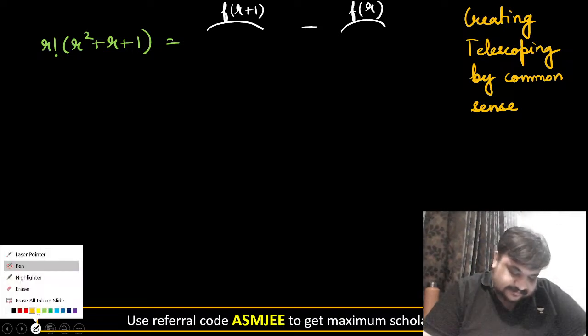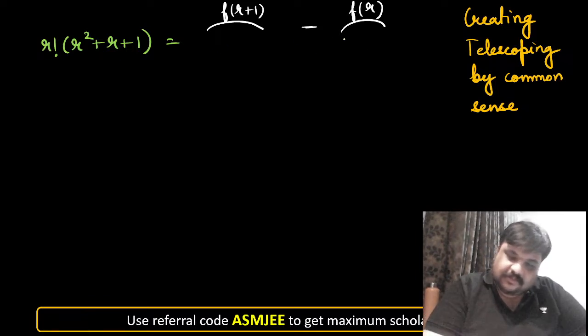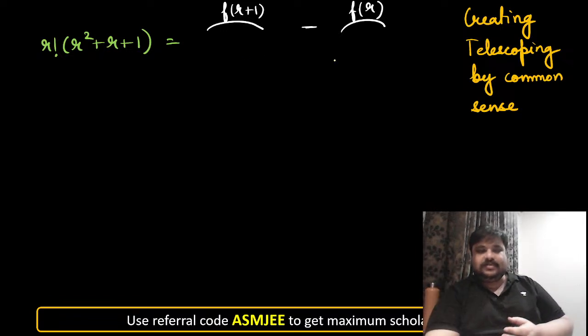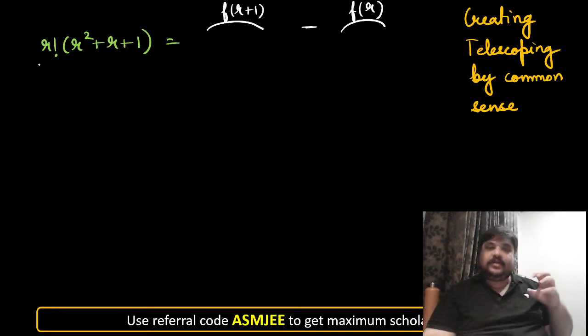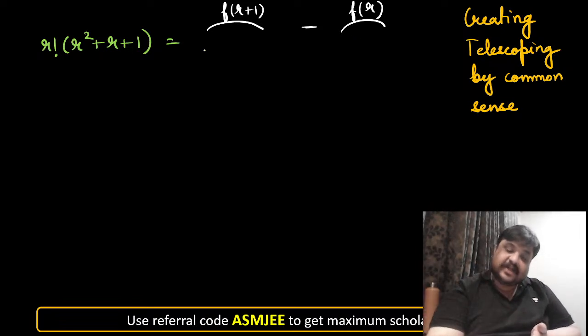Now see this, guys. After you combine these two terms, you get r factorial common. So clearly 1 into 2 into 3 till r must be present here as well as here.